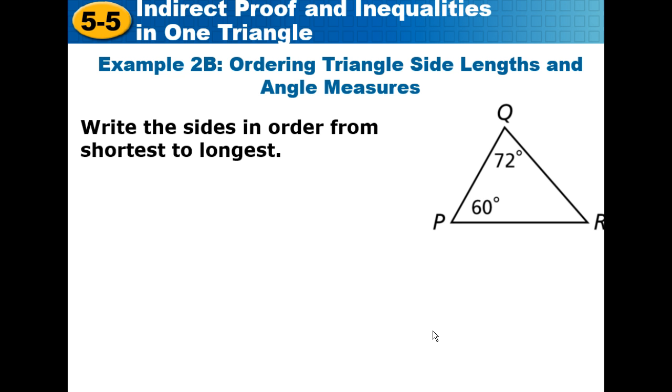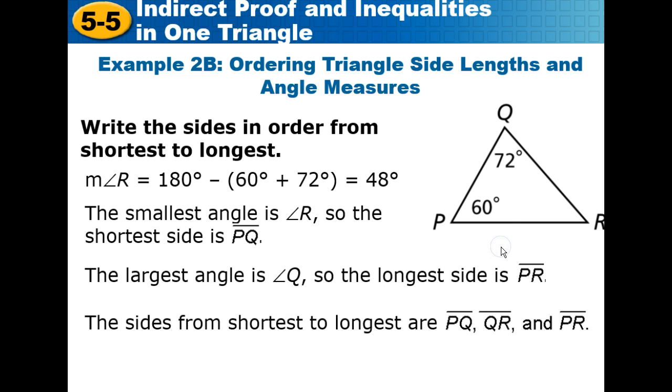For the sides in order from shortest to longest, you'll notice we're missing one of the angles here, and you remember from the triangle sum theorem that we can add these up and subtract them from 180. We get 48 degrees. That means since this angle is 48, it's across from the smallest side, and since 72, which is the largest angle, is across from this side, then PR is the longest side.